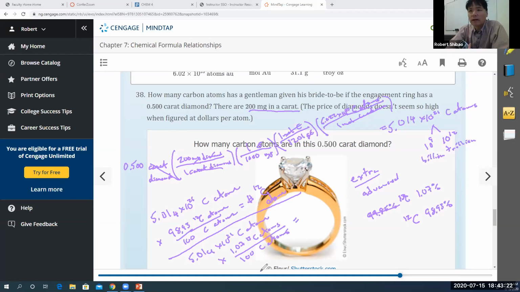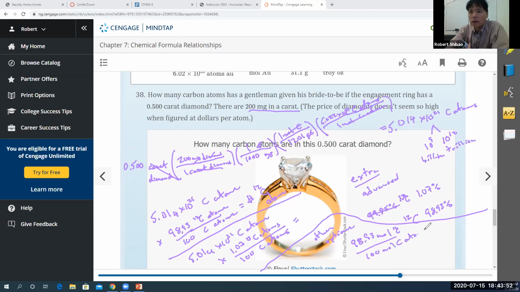These are the variations that you see when you do a lot of problems. When you look at a lot of problems, you see lots of ways of doing different things to get the same answer. So another option is to use a mole ratio. For example, we could say 98.93 moles of carbon-12 atoms for every 100 moles of carbon atoms.